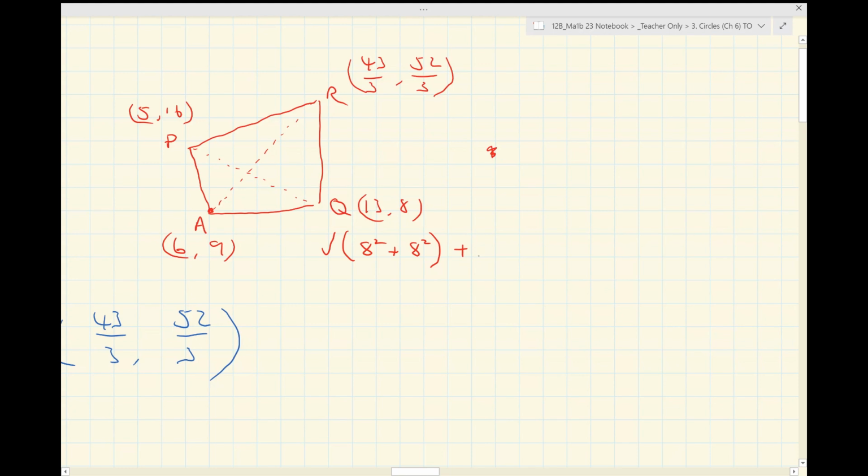The distance AR is going to be the square root of 43 over 3 minus 6 squared plus 52 over 3 minus 9 squared.